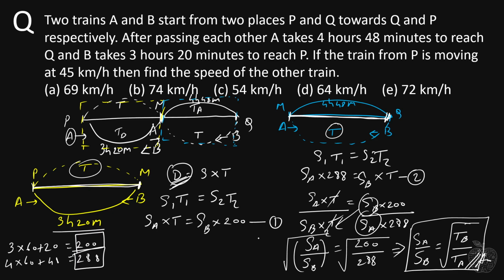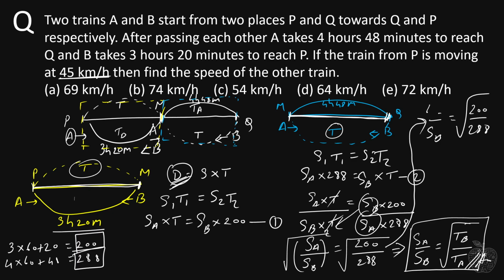Now as we have already solved this, I'll solve it again. We know that SA over SB is equal to the square root of 200 by 288. SA, the speed of train A, is 45 kilometers per hour.